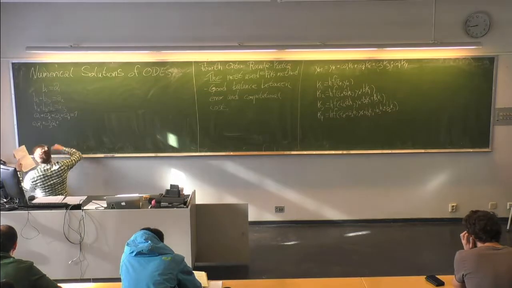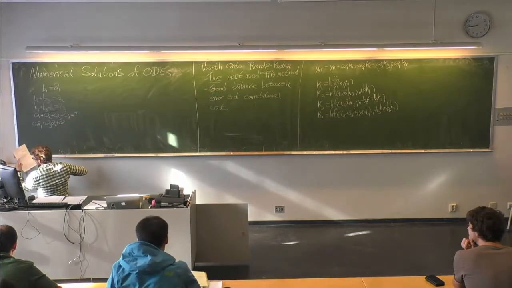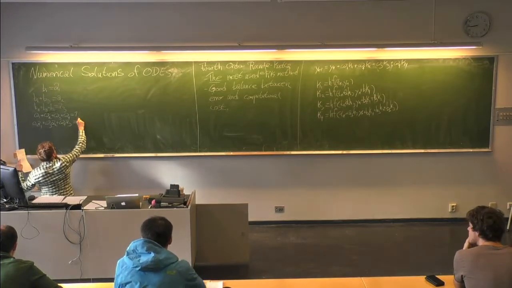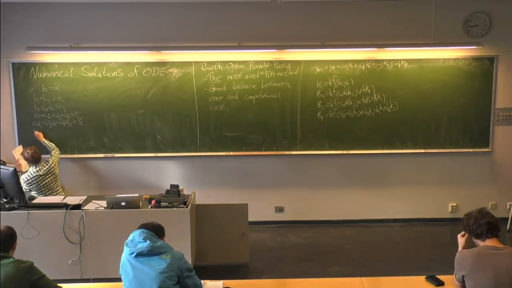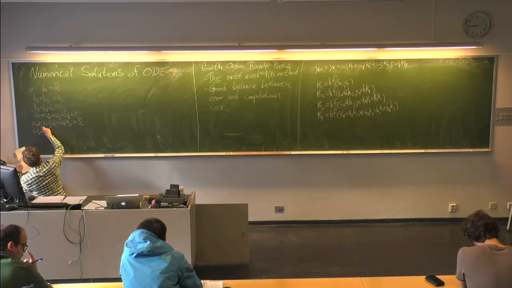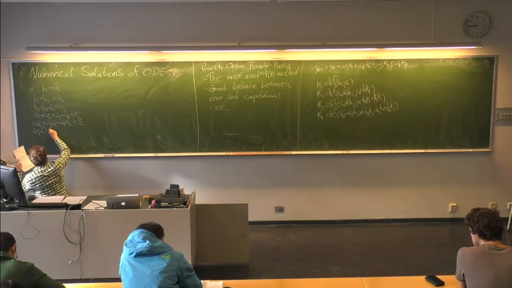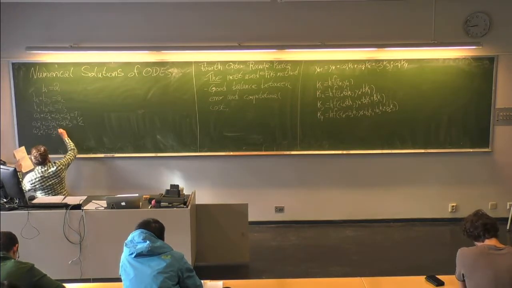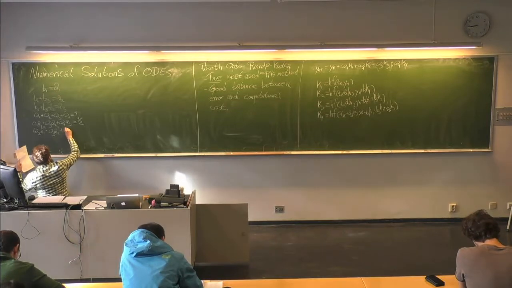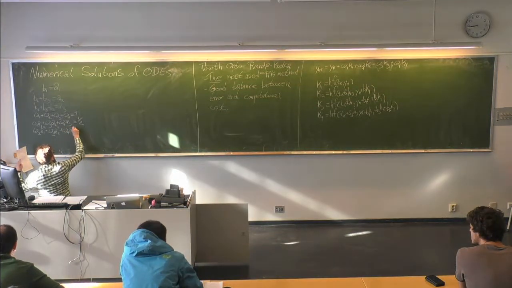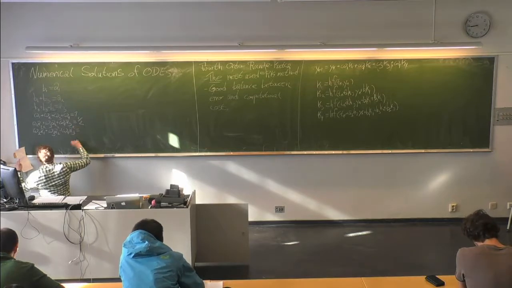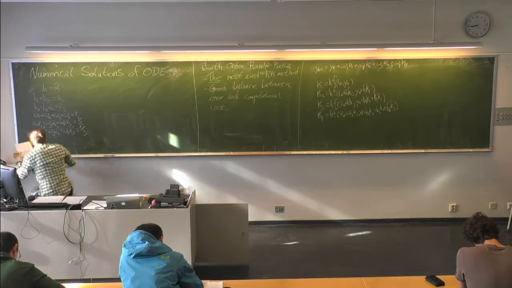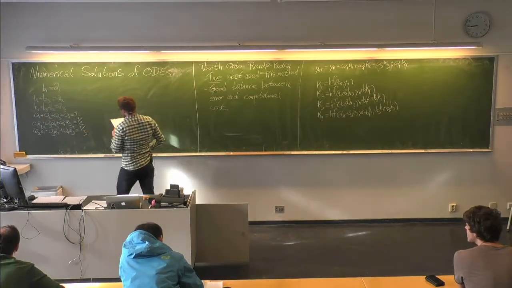And if you want, you can just take a picture of the blackboard while I write all of this up. Then we have terms like one half omega a1 squared, and a2 squared, and so on.